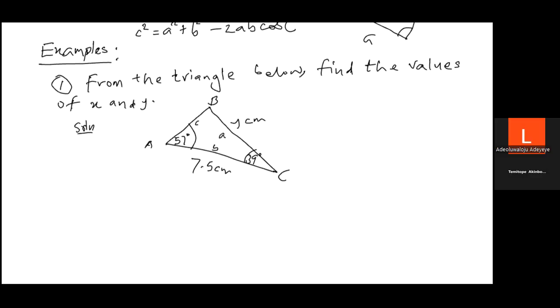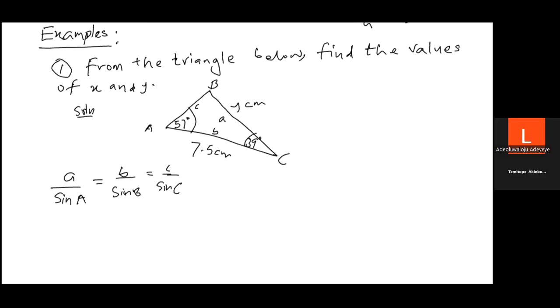So by the sine rule, a over sine A equals b over sine B equals c over sine C. Let's substitute appropriately. Our side a is y.